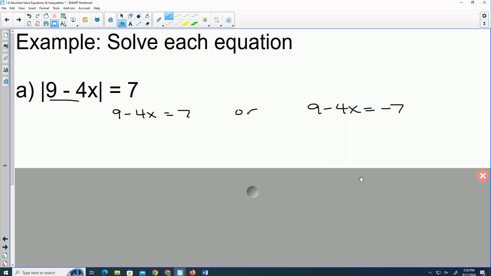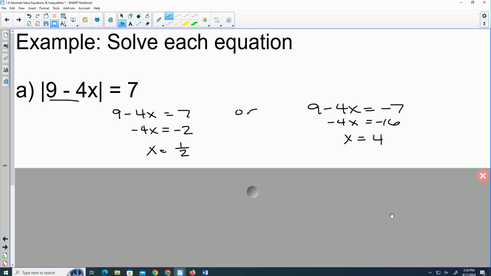And we're going to solve both of those. So if I subtract over my 9, divide by negative 4, over here if I subtract my 9, divide by negative 4, I get positive 4 and positive 1/2.